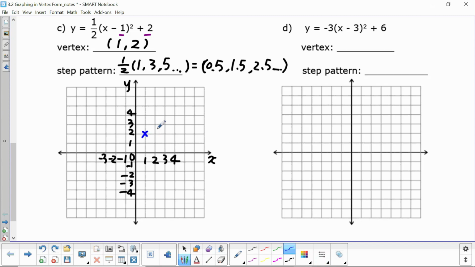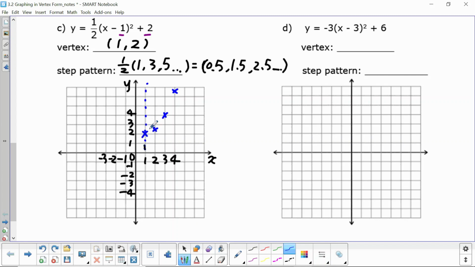So right 1, up 0.5; right 1, up 1.5; right 1, up 2.5. You don't need to use so many points, but if you have more points, it's easier for you to graph it more smoothly.